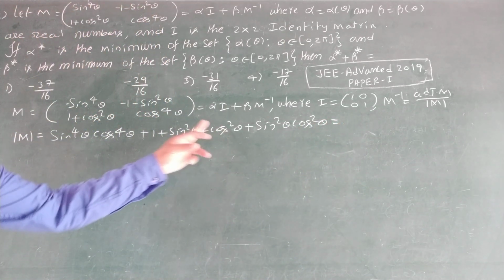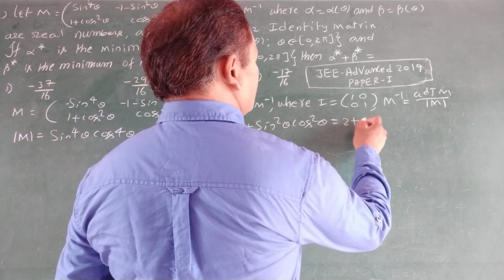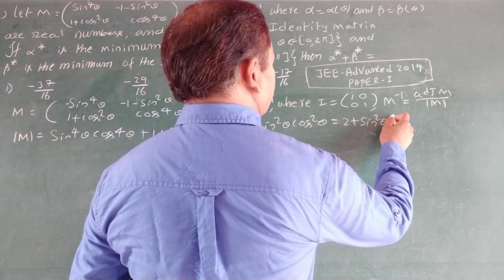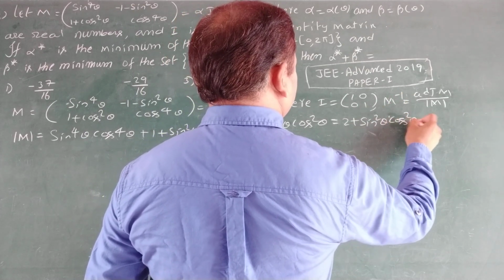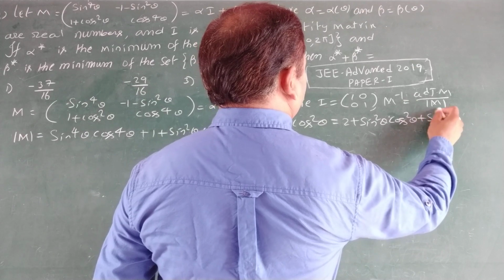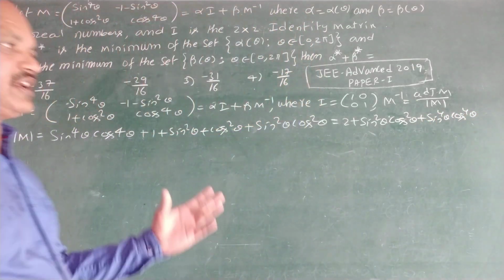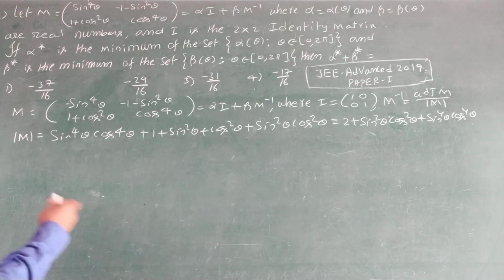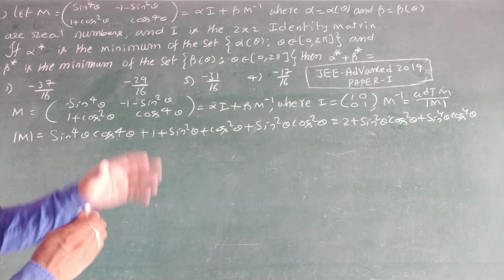Here sin^2 θ + cos^2 θ is nothing but 1, so 1 + 1 is 2. That's why 2 + sin^2 θ cos^2 θ + sin^4 θ cos^4 θ. That is the value of det M.